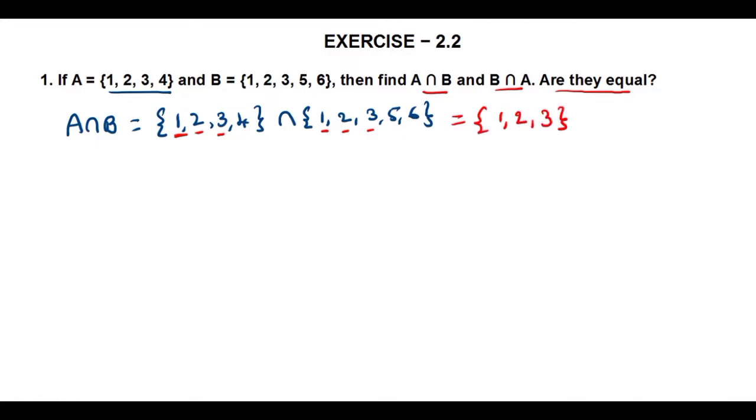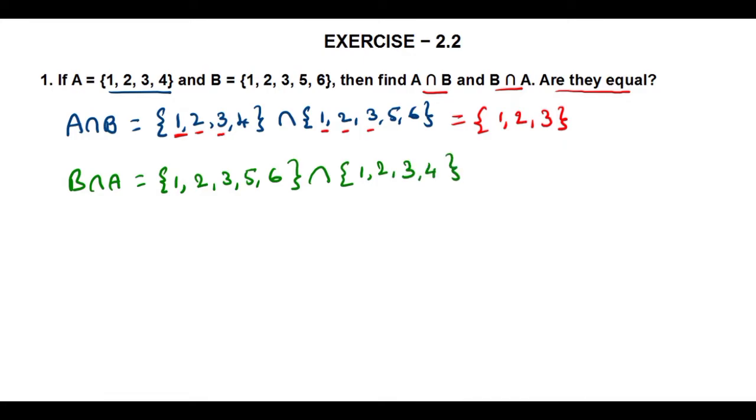Okay, next B intersection A. B intersection A means we write first the elements from set B, that is 1, 2, 3, 5, 6, intersection 1, 2, 3, 4. So from both, what is the common? 1 is common, 2 is common, 3 also common.